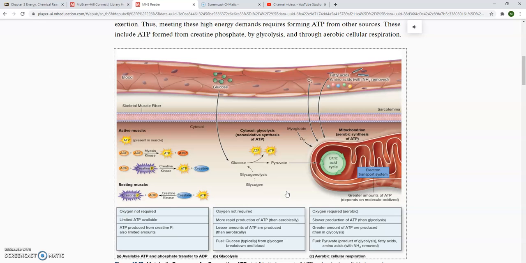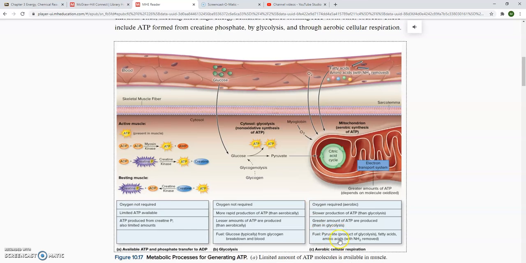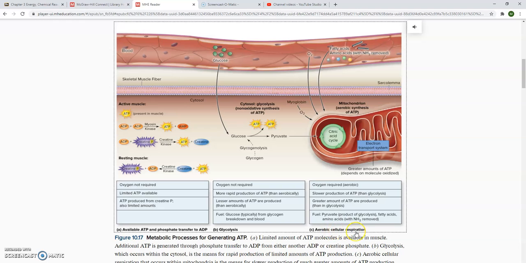All right, so that was our fourth source of energy. And then our fifth source of energy has a couple of names, but aerobic cellular respiration is a good name for it. It's down here. Sometimes you'll see it called aerobic metabolism, but I think if we just stick with aerobic cellular respiration, that'll be good.